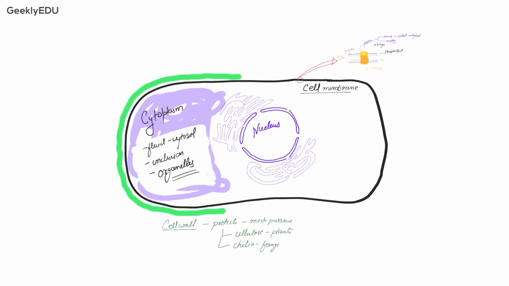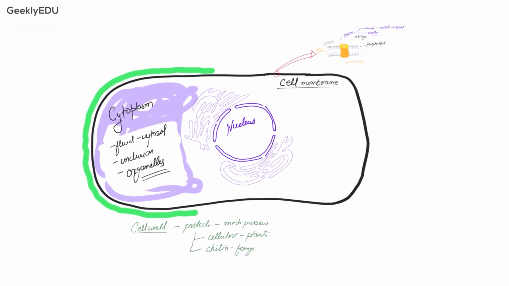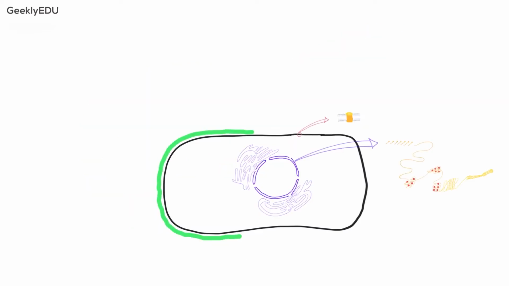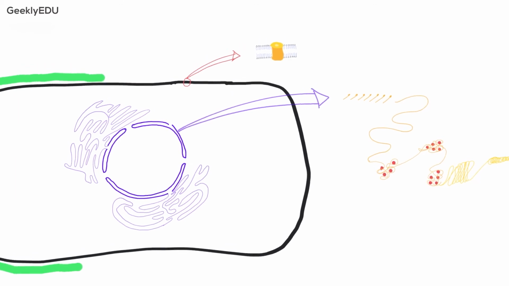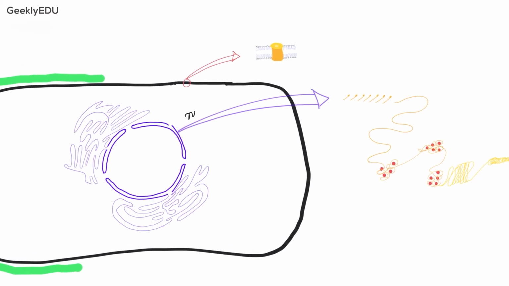And finally, all eukaryotic cells have a nucleus. Now, to study more about the nucleus, let us go to the depth of it. So, the nucleus is always surrounded by a nuclear membrane. Now, the nuclear membrane is double walled. Remember, the plasma membrane was a bilayer, it had two layers.